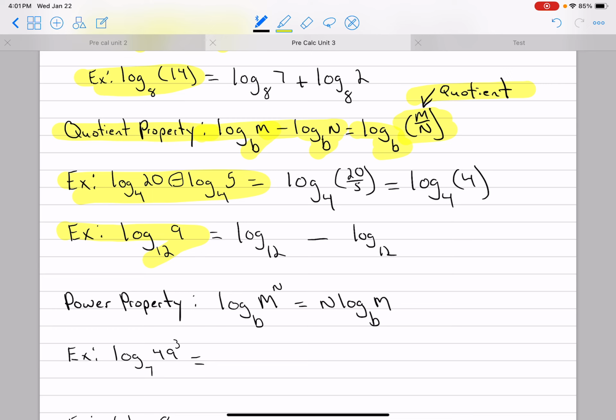I'm going to do log base 12 of 27 minus the log base 12 of 3, because 27 divided by 3 would have given me 9. That would have been the log base 12 of 27 over 3, which is the log base 12 of 9. So that was one way I could have done it. This subtraction sign looks weird, so I'm going to fix it. Minus. There we go.